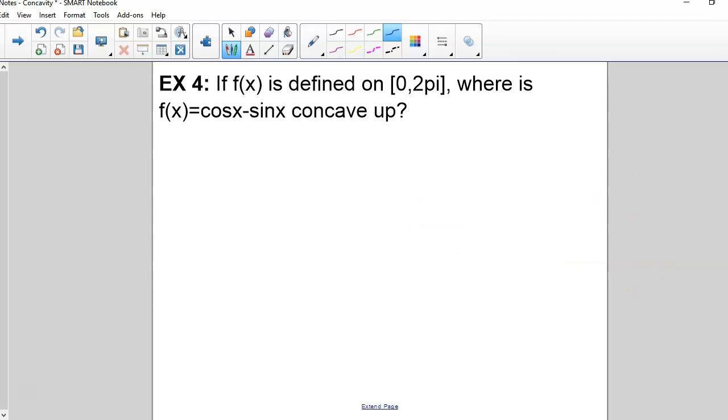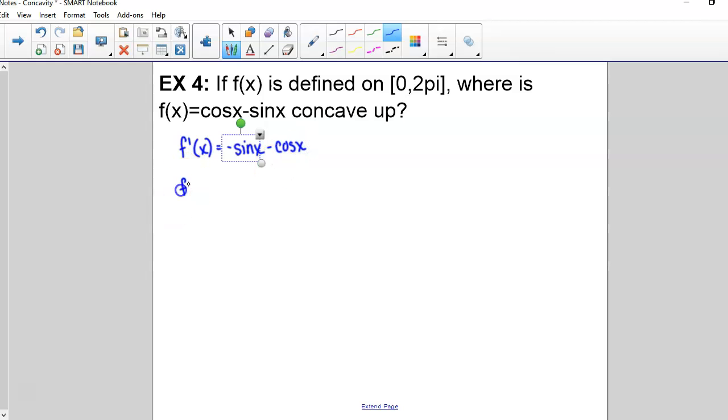Alright, so we want to know if f of x is defined from 0 to 2 pi, where is f of x equals cosine x minus sine x, concave up. So, second derivative, so first we got to take the first derivative, which is going to be negative sine x minus cosine x.